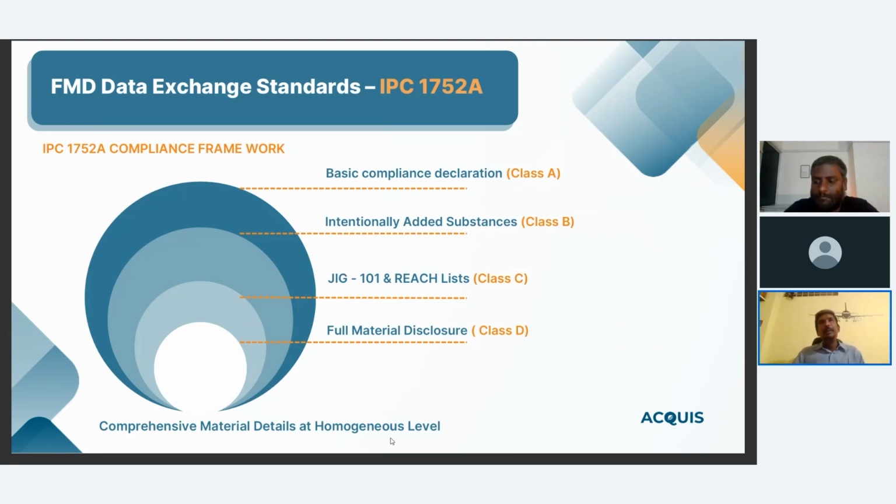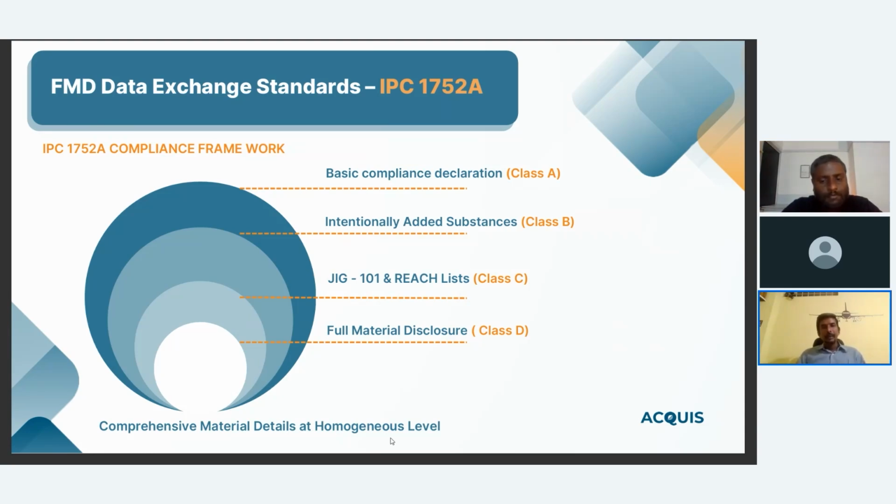Where it is a complete homogeneous level breakdown of all the materials and substances, their weight, CAS numbers, and I mention if there is anything confidential, so on and so forth, right? So the class D of IPC 1752A is the most comprehensive declaration, right?